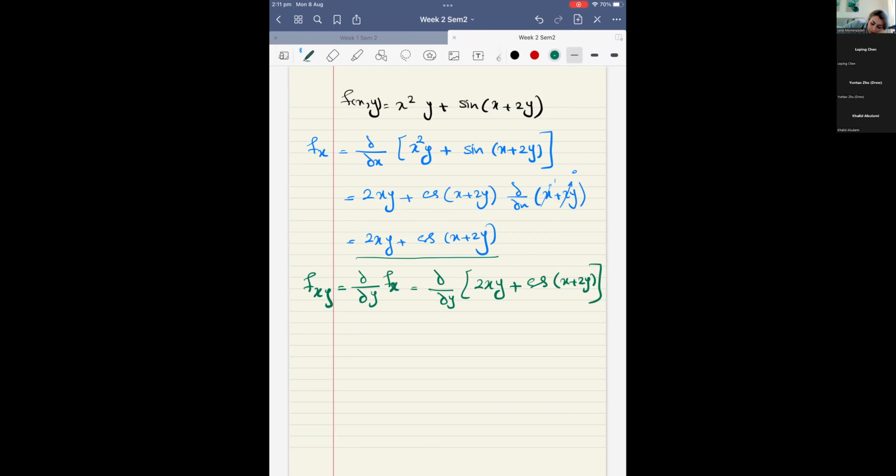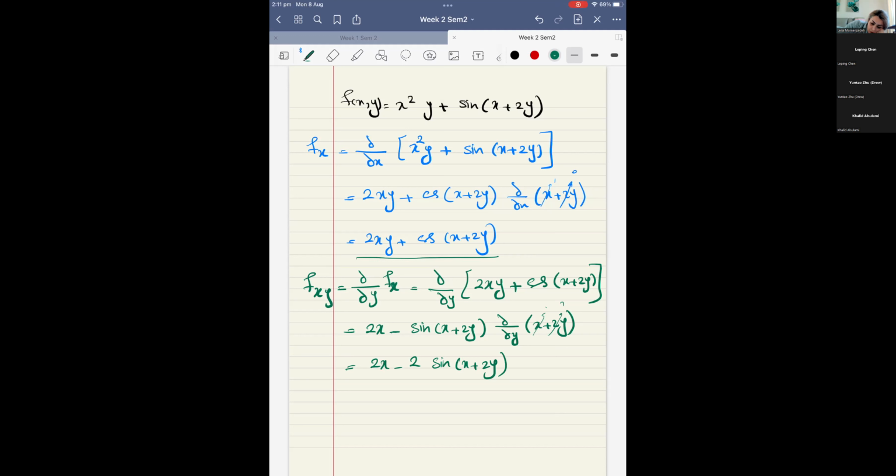Now the derivative here, x is constant, yes? It would be equal to 2x minus sine of x plus 2y times partial y of x plus 2y, and remaining here, this one is 0, from here remains 2, so it is 2x minus 2 sine of x plus 2y.